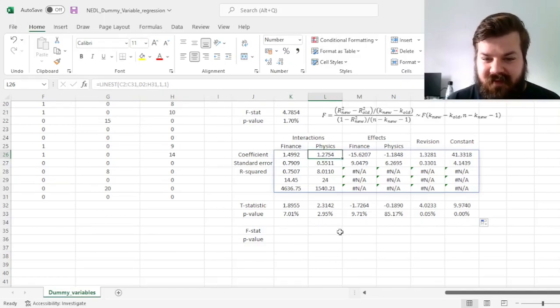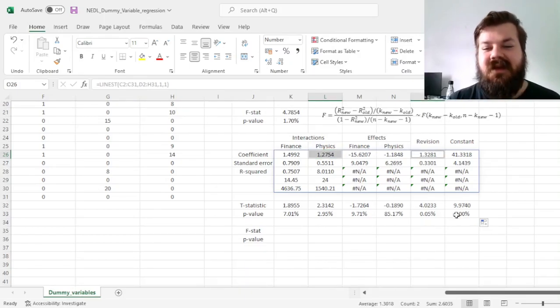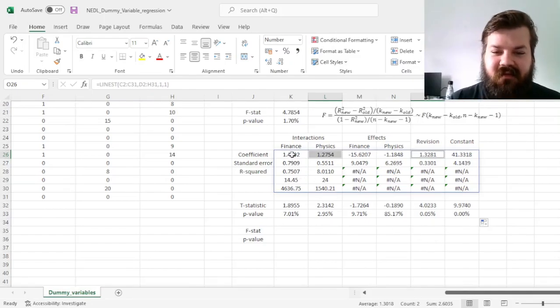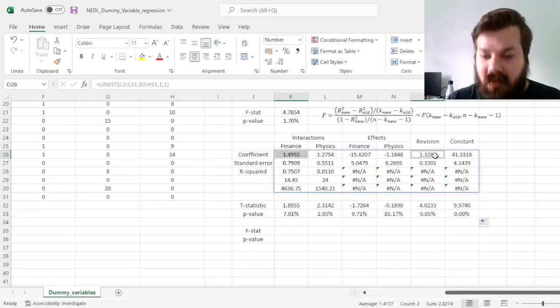For example, physics students get 1.28 marks more per hour revised than economics students do. And for finance students, it's even more than that. They get 1.5 marks more than economics students per hour revised.